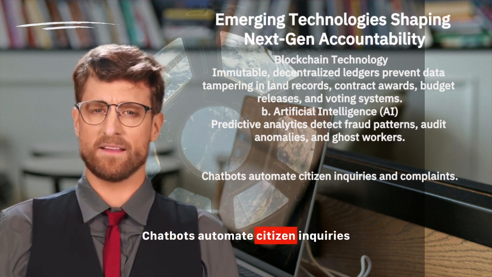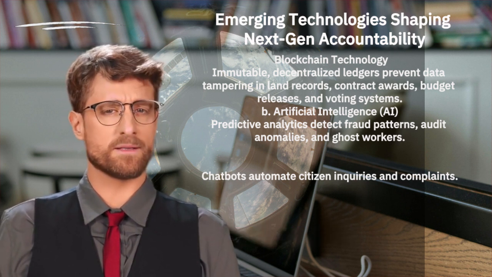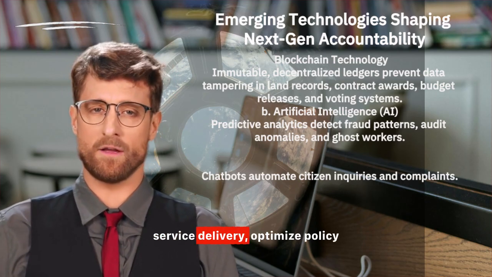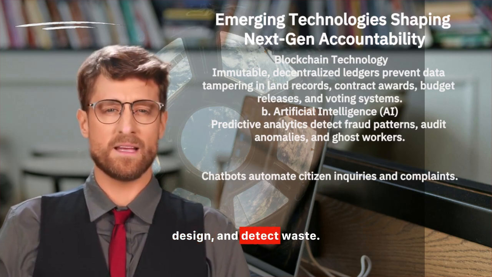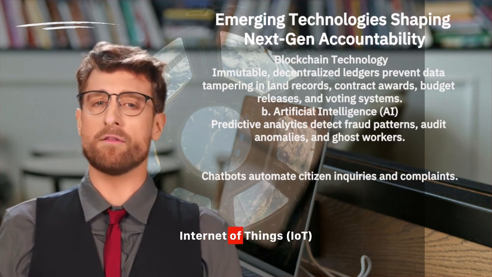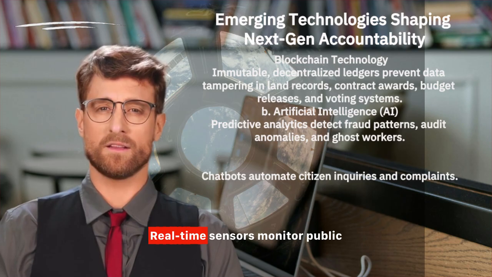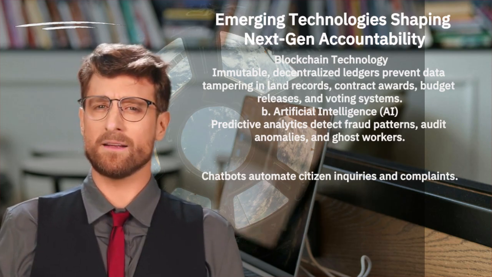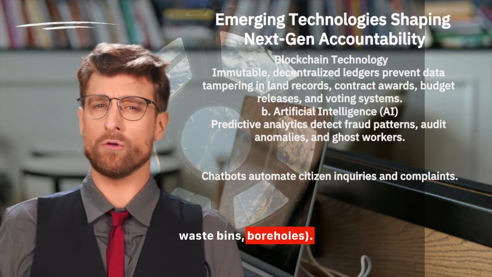Chatbots automate citizen inquiries and complaints. C. Big data and machine learning track trends in service delivery, optimize policy design, and detect waste. D. Internet of Things, IoT, real-time sensors, monitor public works, e.g., street lighting, waste bins, boreholes.